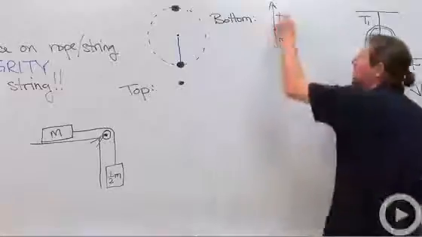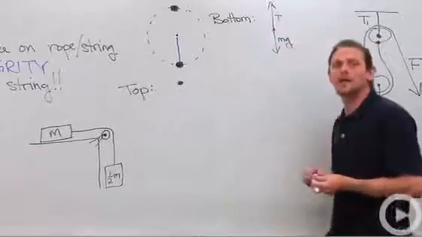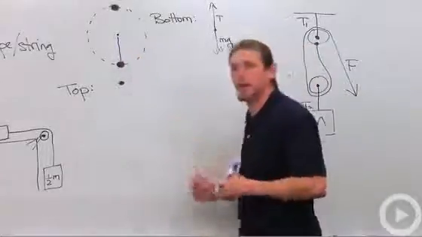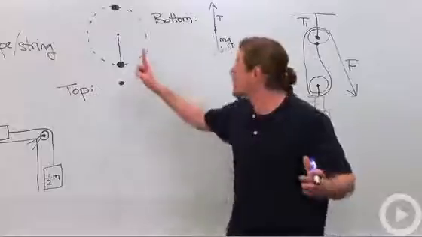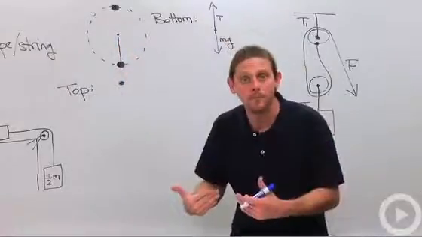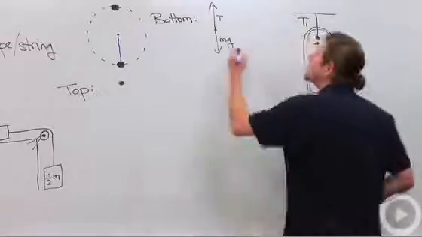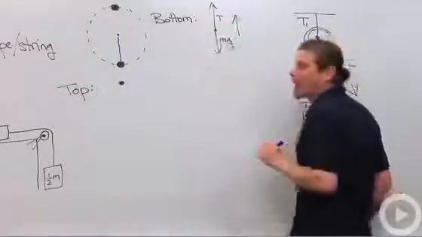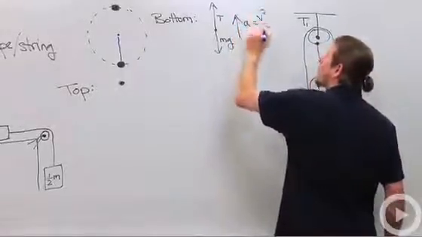So we'll start with the free body diagram and we'll say, all right, what about the acceleration? What acceleration does this rock experience at the bottom? Well, it's got to have an acceleration towards the center of the circle that's v squared over r, because it's moving in a circle. So we've got an acceleration that's going up in this case, and it's v squared over r.